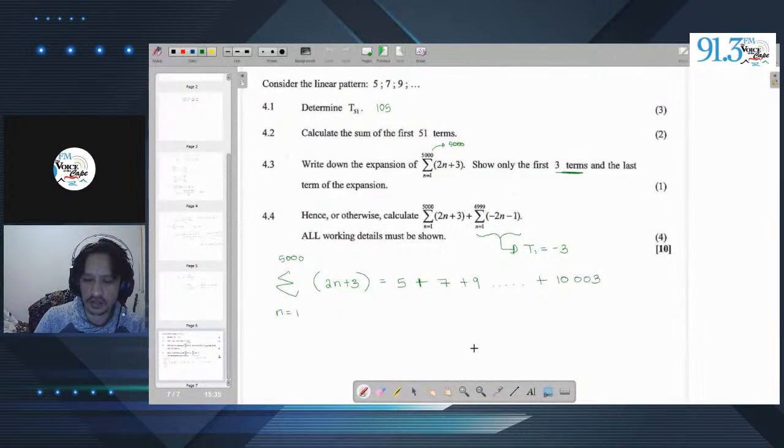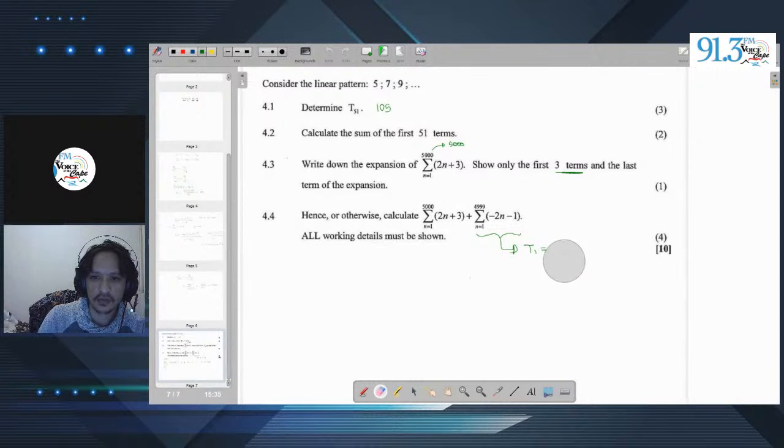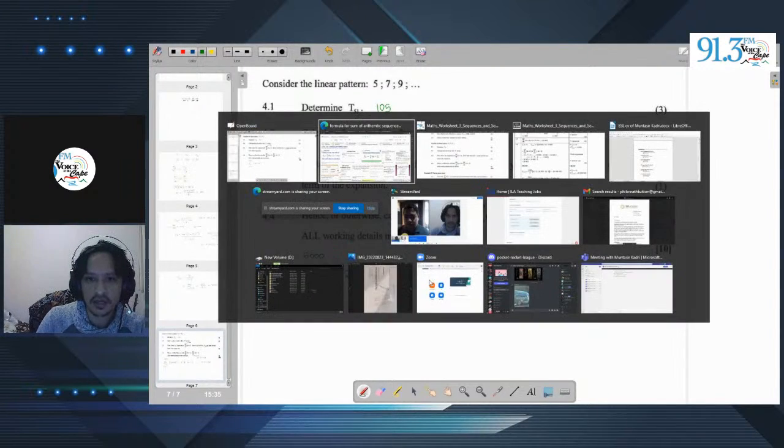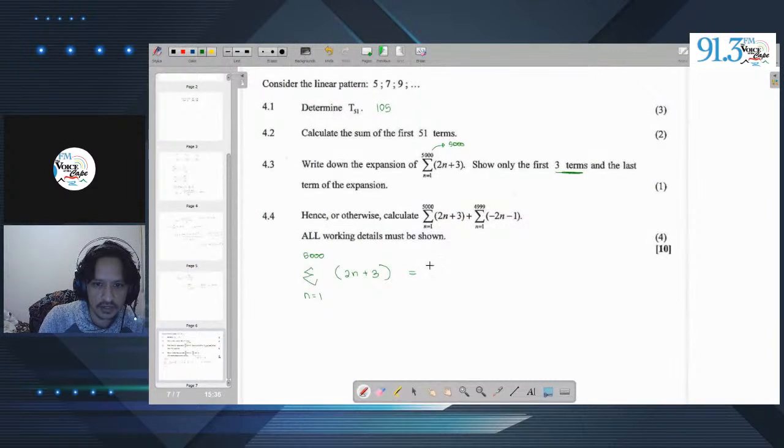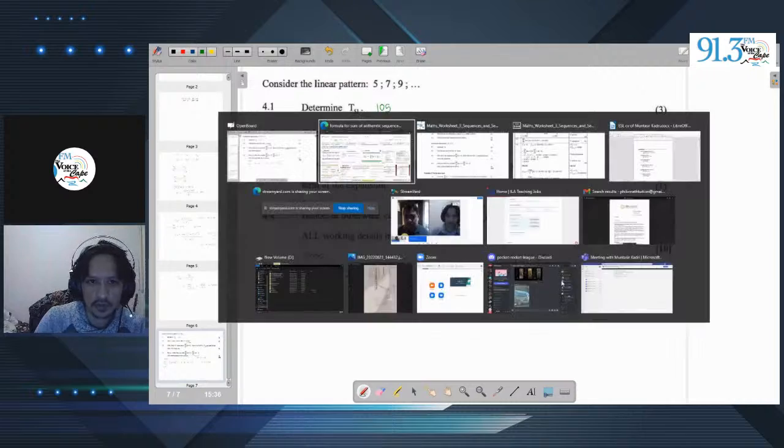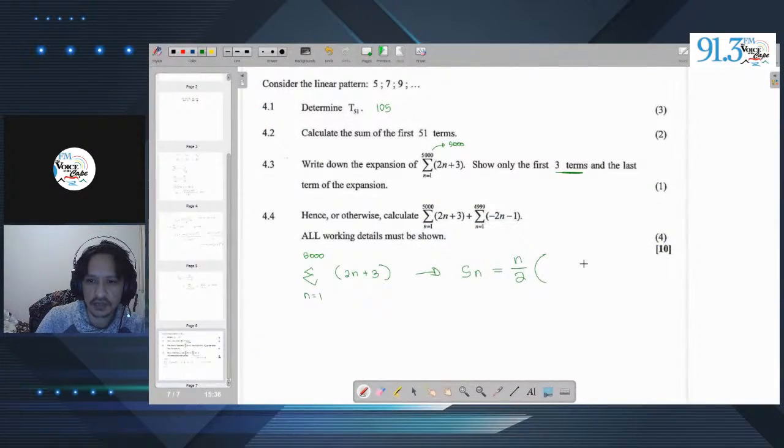Right? So if I go here and I do this for this over here, we can say that the sum of 5,000 n equals 1 to n plus 3 is the same as using Sn equals n over 2, 2a plus n minus 1 d.